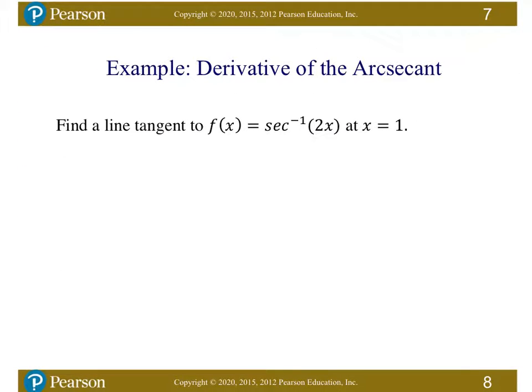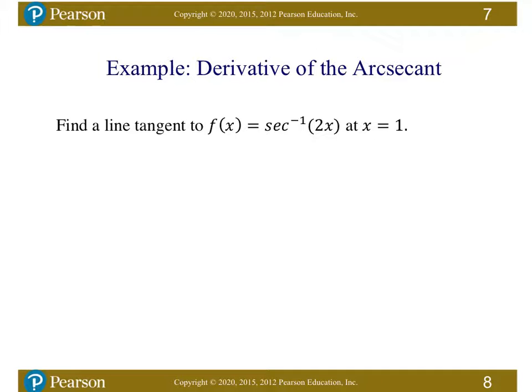And so to finish up, we'll find a tangent line to the function, the inverse secant of 2x, at x is 1. So let's make sure it's within the domain.